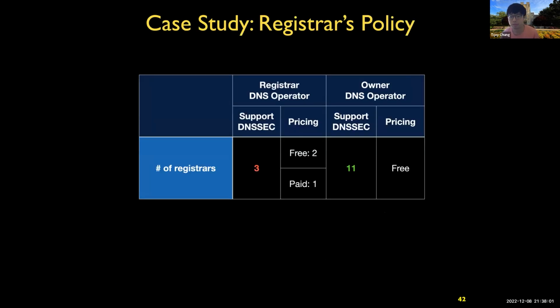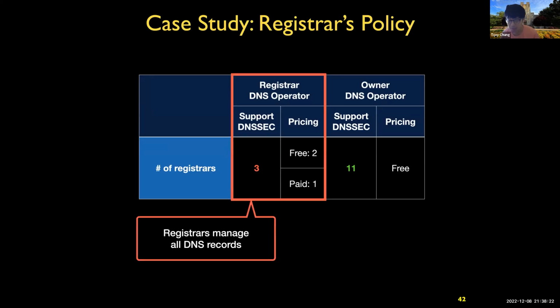Okay? So let's look at the results again. When the registrar is the DNS operator, only 3 out of 20 support DNSSEC on their name server, but surprisingly, 11 out of 20 are willing to accept the DS record handed by you, right? Because in the former case, registrars need to manage all DNSSEC related records, right?